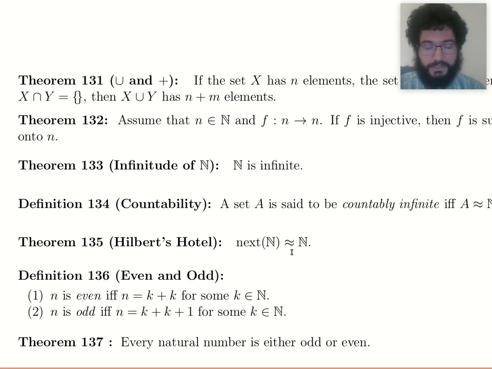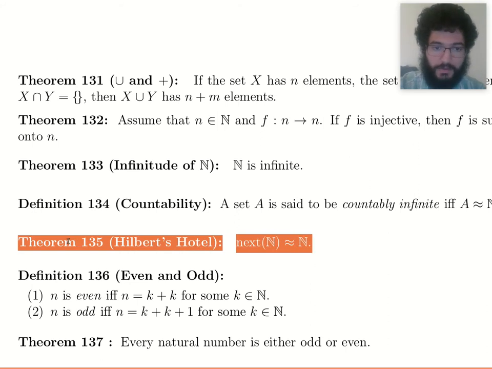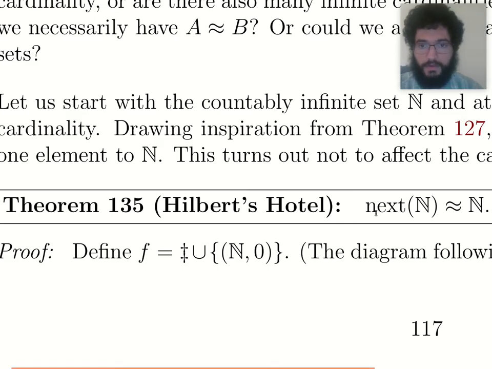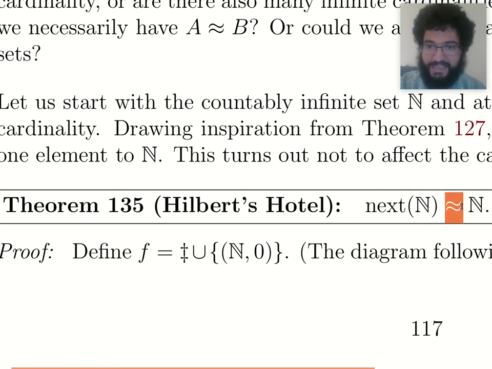So if you're curious about that later on, and you want to see an example, I recommend looking over at Theorem 135, Hilbert's Hotel. Let me pull up the notes version. So the theorem says that next of the natural numbers is in bijection, or there exists a bijection, between next of the natural numbers and the natural numbers.